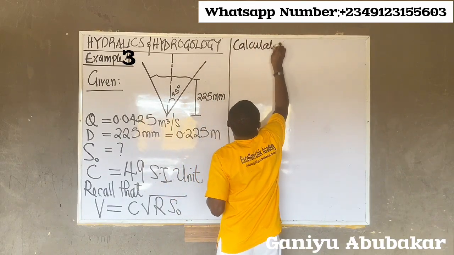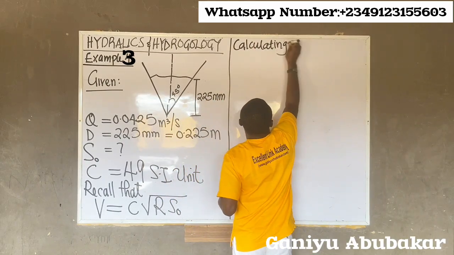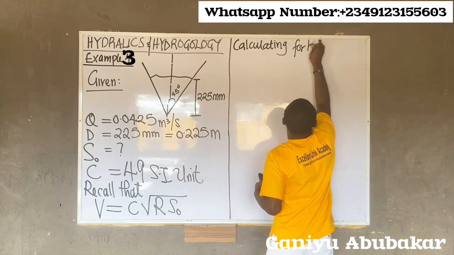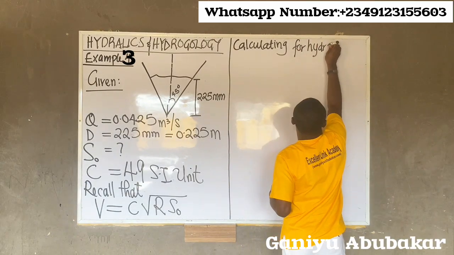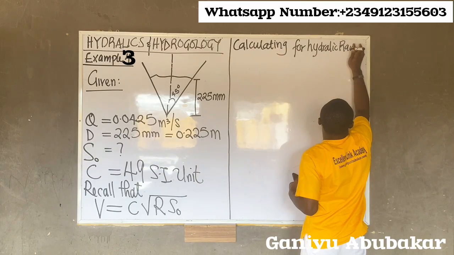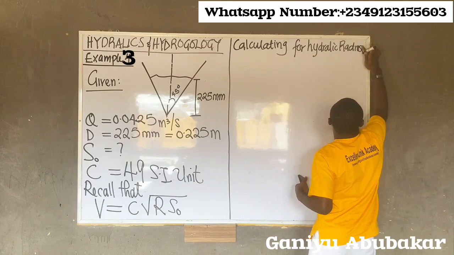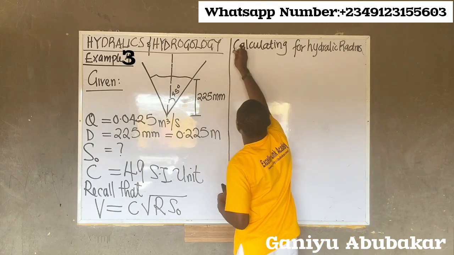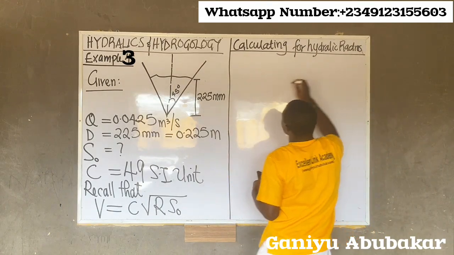Calculating for hydraulic radius, that's in brackets R. All right, that's R. What do we know?